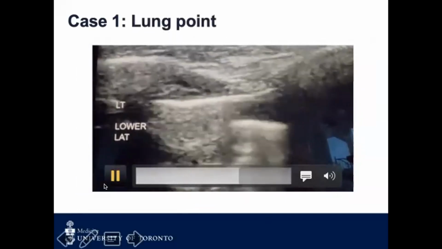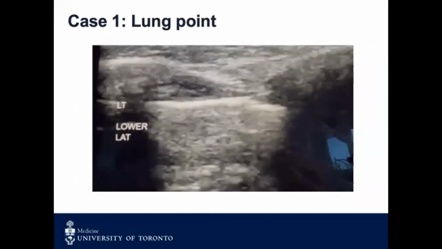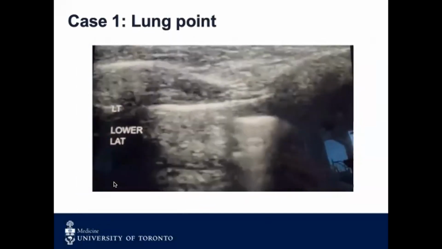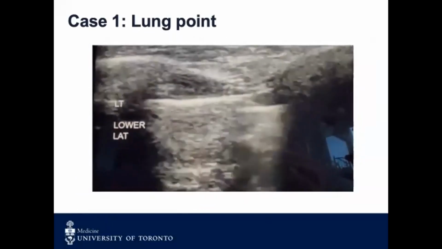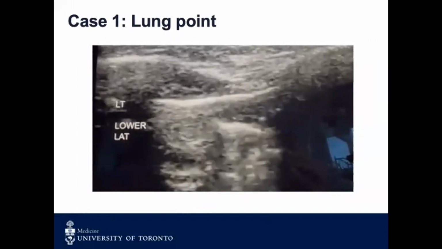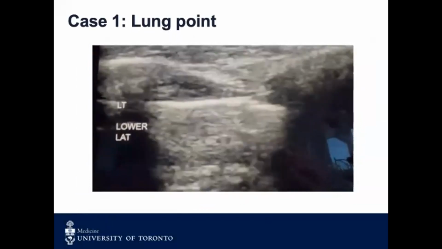And what you see is this. Okay, one more time. This is what's called the lung point. The lung point is when you can see the transition between normal lung sliding and the absence of lung sliding. This is the transition point between the collapsed lung and the normal lung.